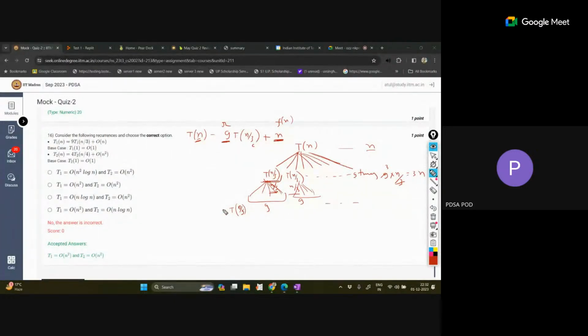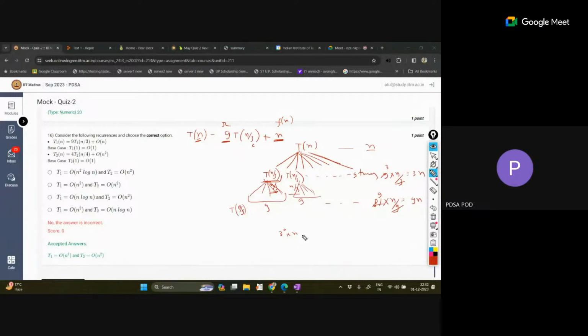So at this level, 9 into 9, that is 81 times we repeat this process with n by 9 calls. So 81 into n by 9 becomes 9n. Or we can simply write the sequence as 3 to the power 0 into n, this is the first step.